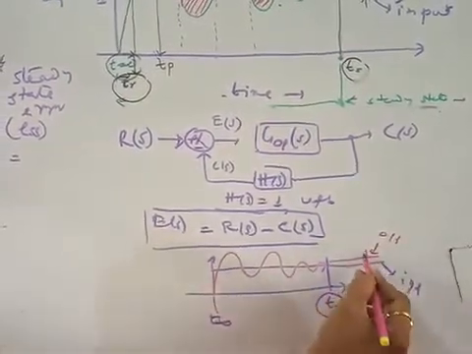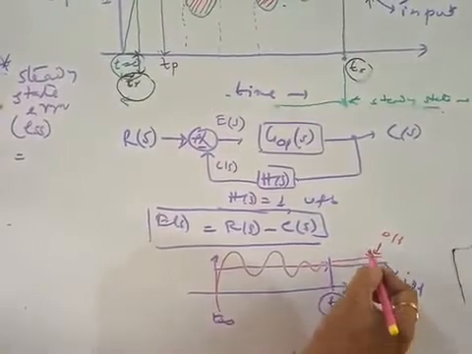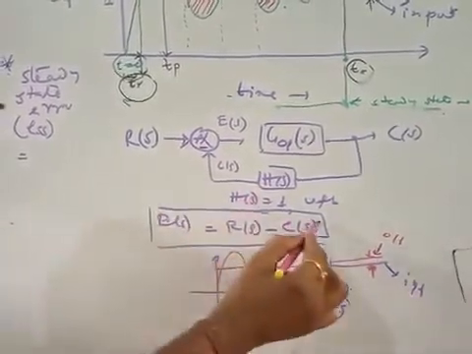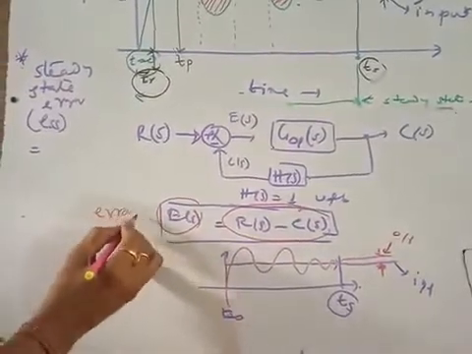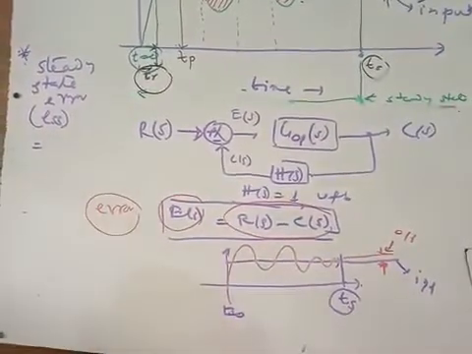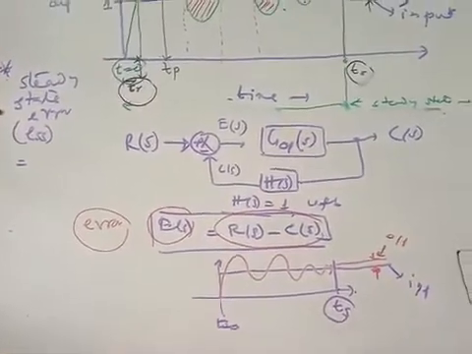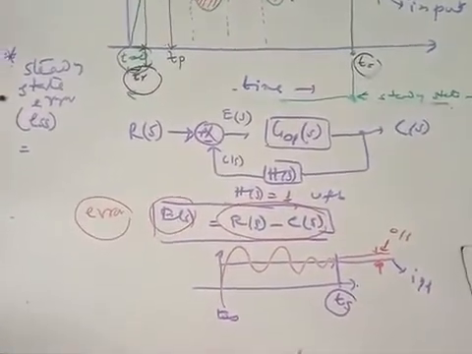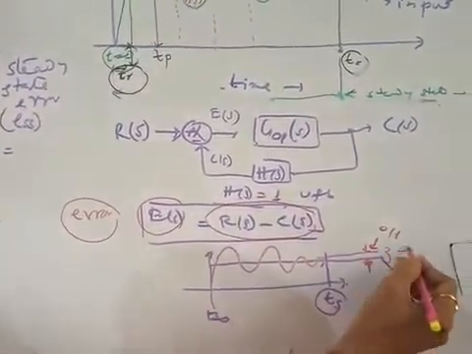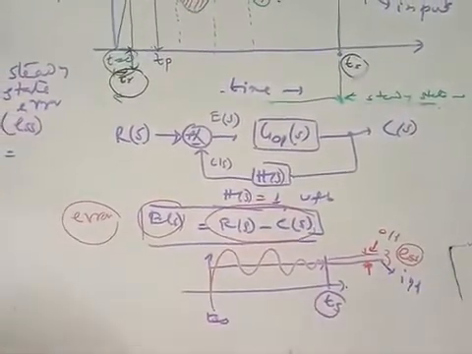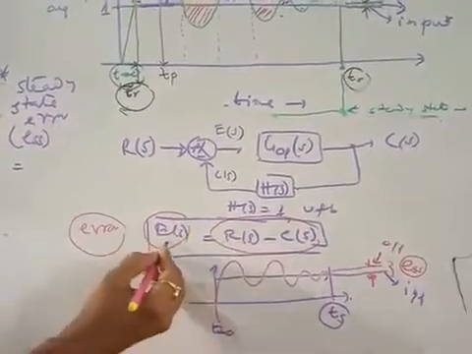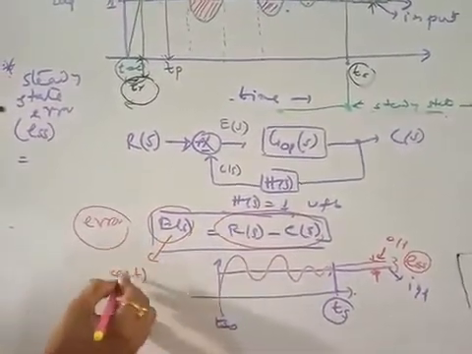So what you get is a difference between the input and output, and the difference between the input and output is denoted by error, right? And this error occurs when the system reaches the steady state value, so that is known as the steady state error. So this is your ESS. Theoretically at t tends to infinity, normally ES is ET, right?